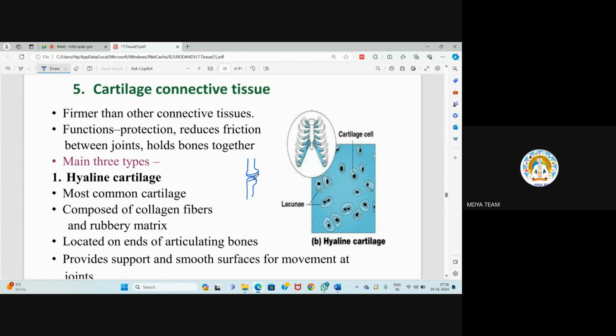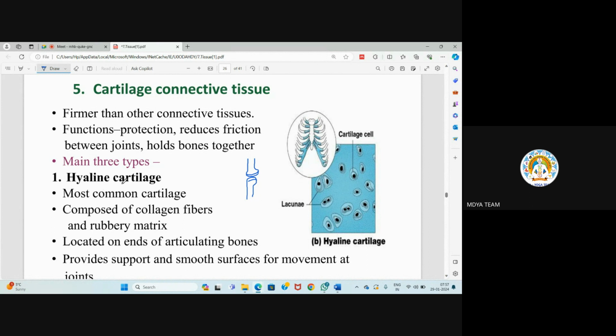So these cartilages are protecting the bones from friction and breaking, and they are absorbing the shock. When the upper bone is jumping on this lower bone, the shock is being absorbed by this layer of cartilage. So like this they are protecting, reducing friction between joints, and holding bones together.